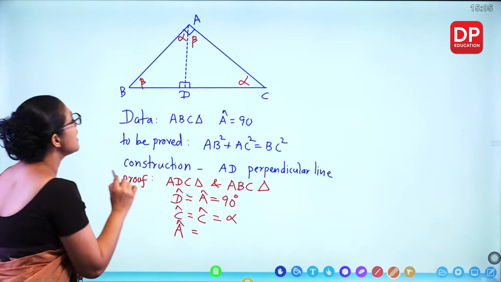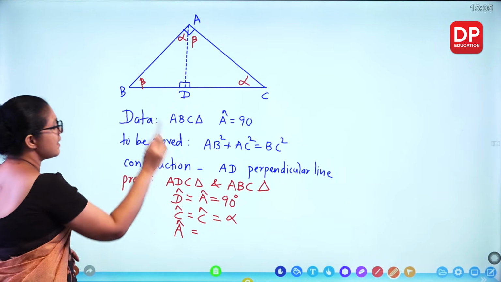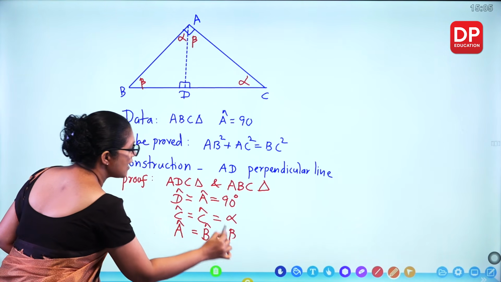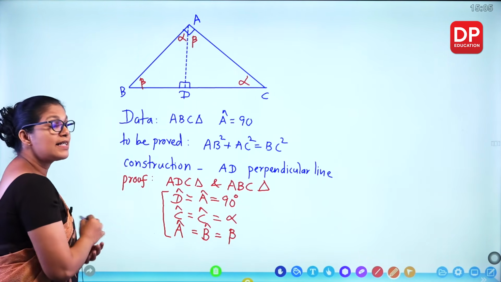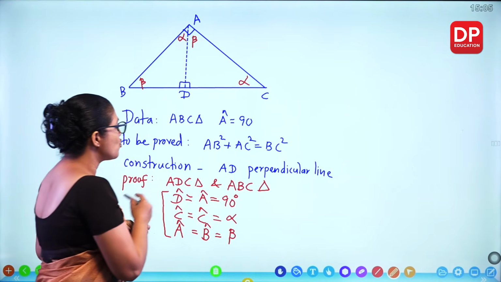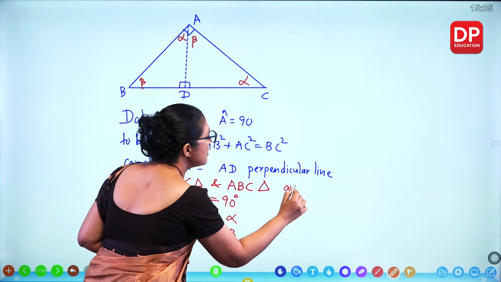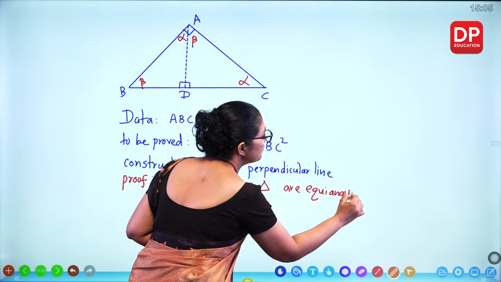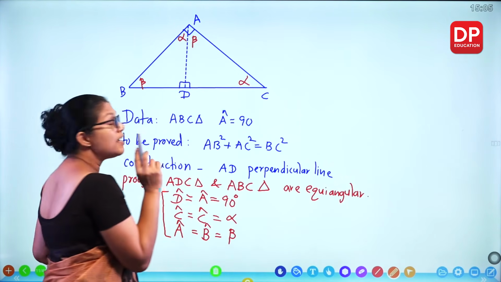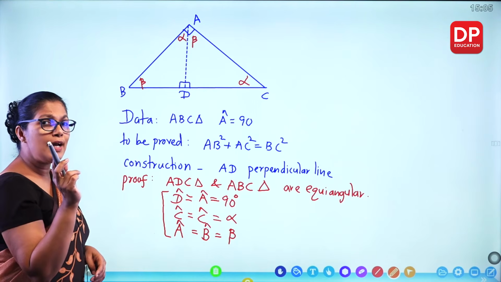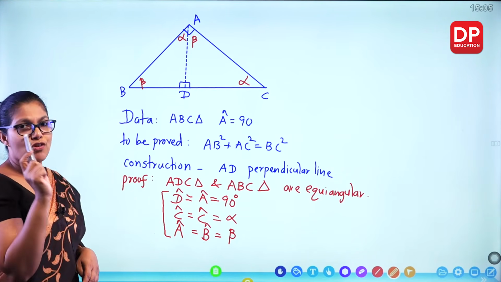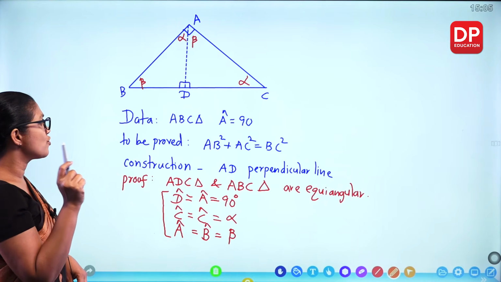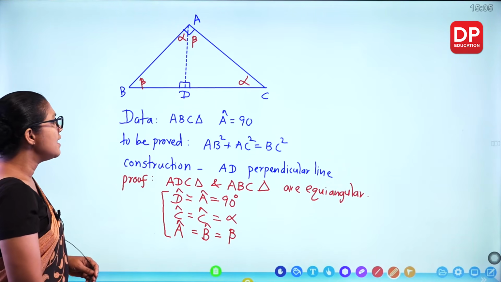Beta equals the B angle in the big triangle. So we know these three angles are equal. So these two triangles are equiangular. If these two triangles are equiangular, these are similar triangles. So we can write down the corresponding ratios. The corresponding ratios are equal.